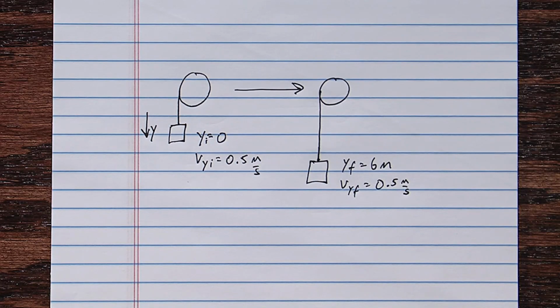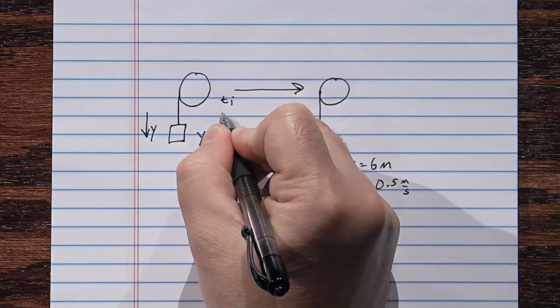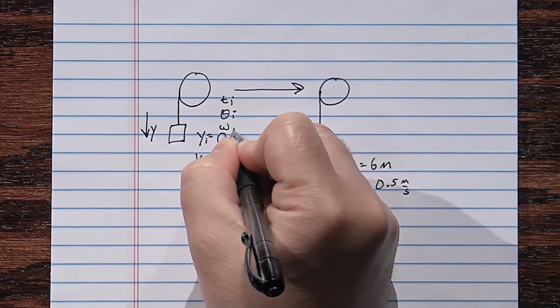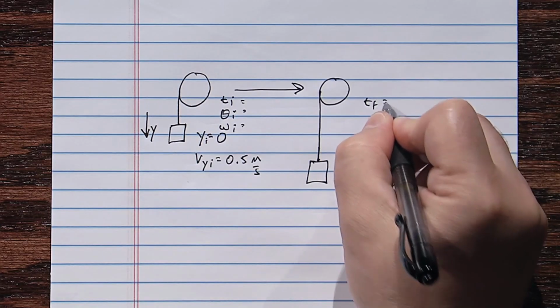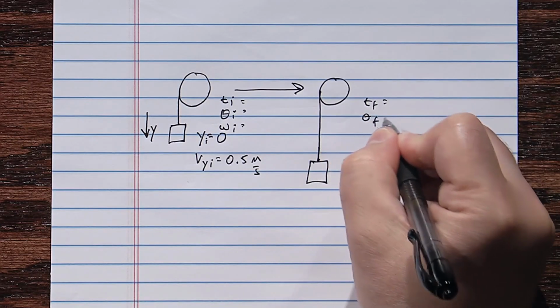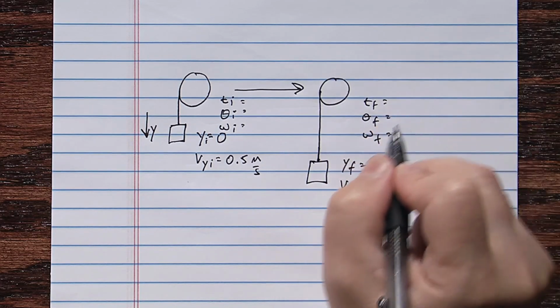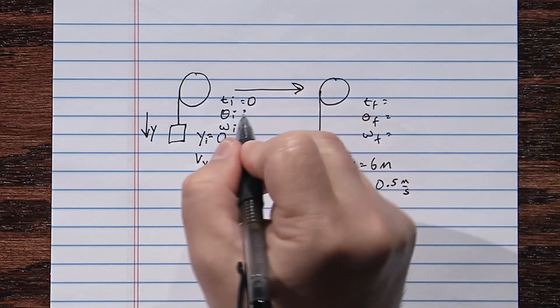Now we have to talk about the rotation of the drum. We have t initial, theta initial, omega initial, and t final, theta final, omega final. t initial we can call 0.